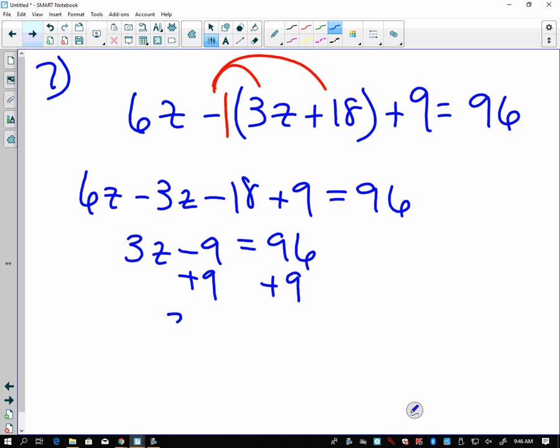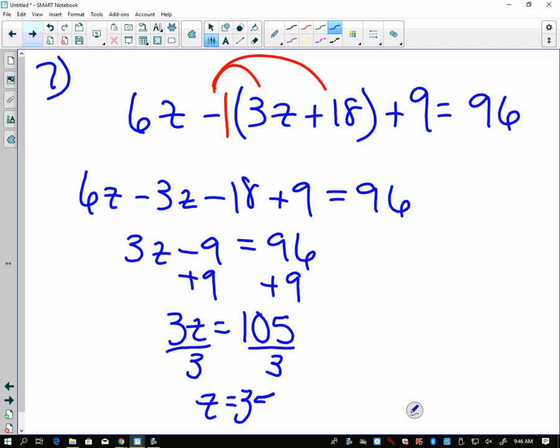Great. All right, so I got 3z equals 105. Okay. Now what? Divide by 3 on both sides. What's 105 divided by 3? What is it? 35. Okay.